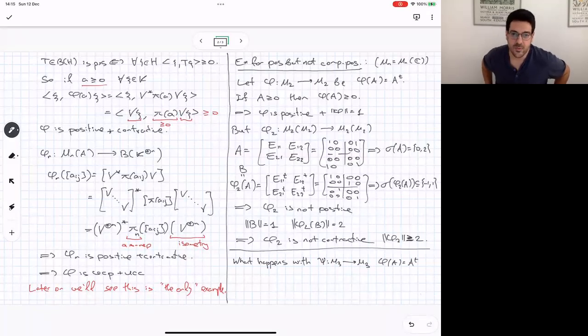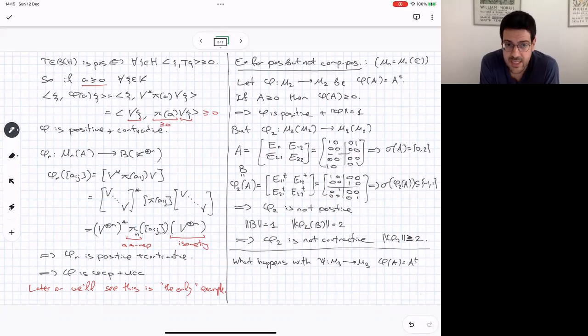Of course, it's going to be another counterexample, but what will be the counterexample? I mean, of course, it's not going to be 3-positive and 3-contractive, but will it be 2-positive and 2-contractive? No.